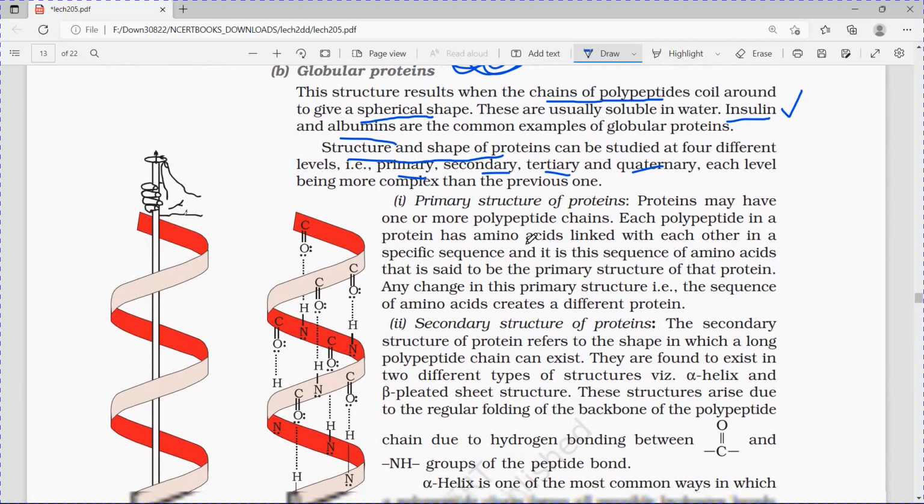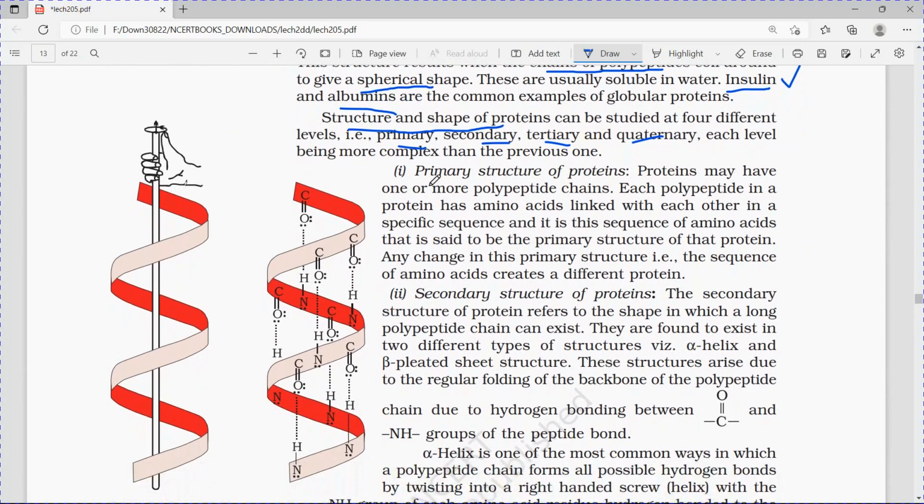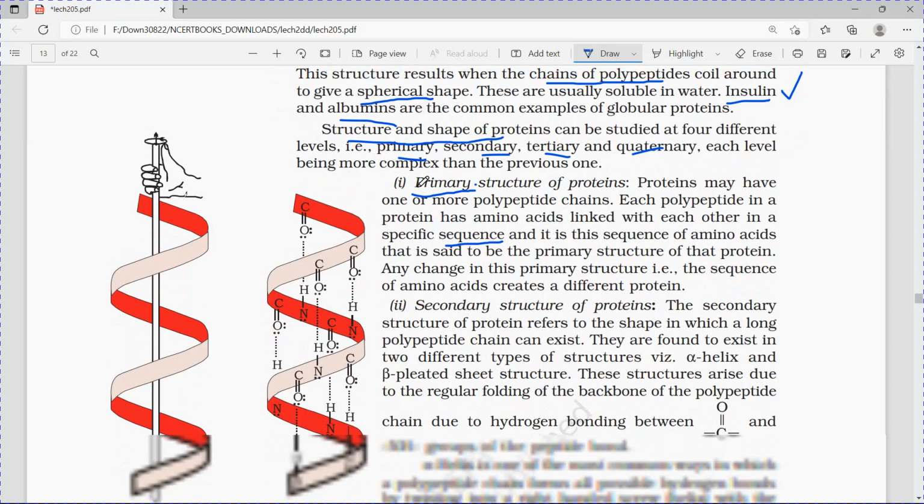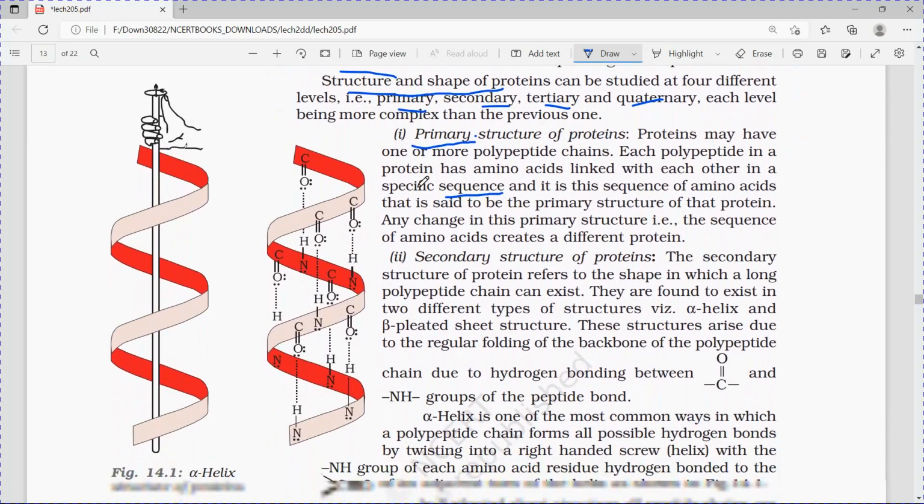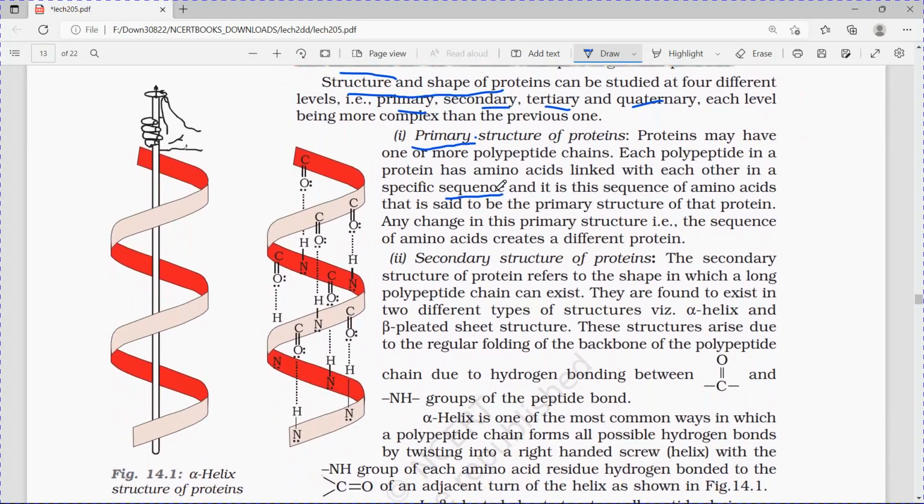Primary structure of proteins. Primary in the sense it's prime, basic. It's nothing but just the sequence of amino acids. When the amino acids are joined together, that is called the primary structure of proteins.